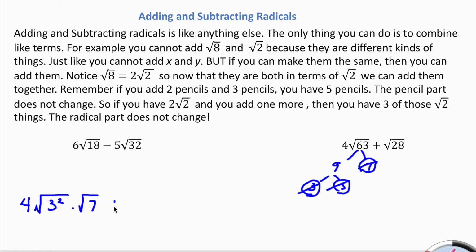Okay, I've got a plus sign this time. Let's see how square root of 28 simplifies. It's 7 times 4. Okay, so I've got 2 of these. And 1 7.